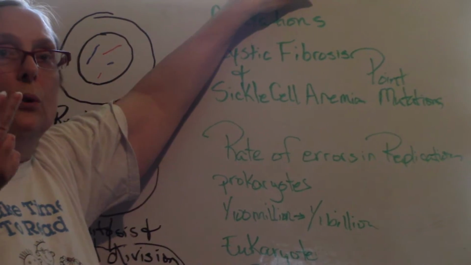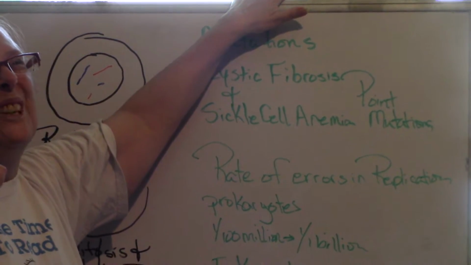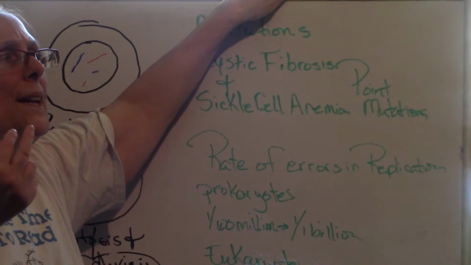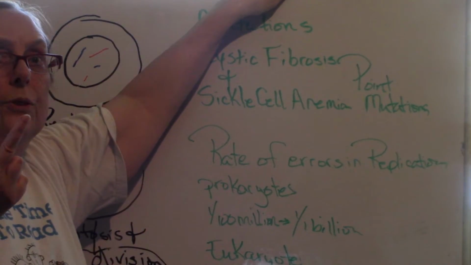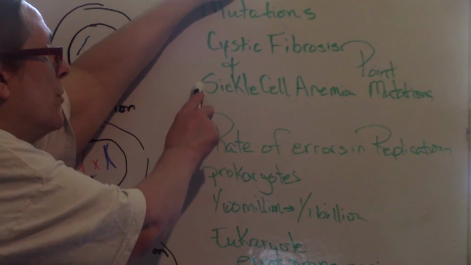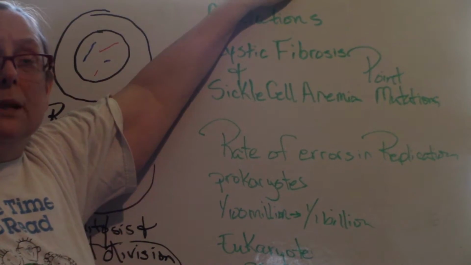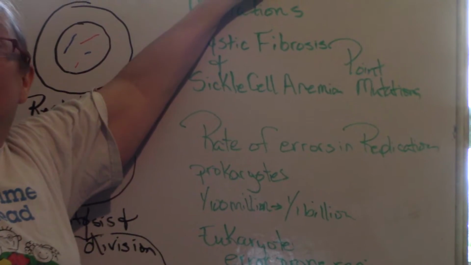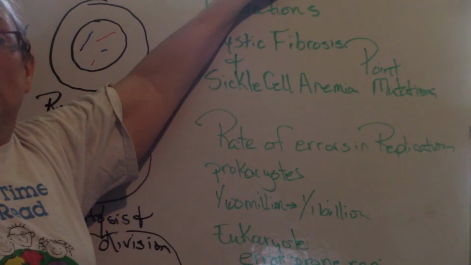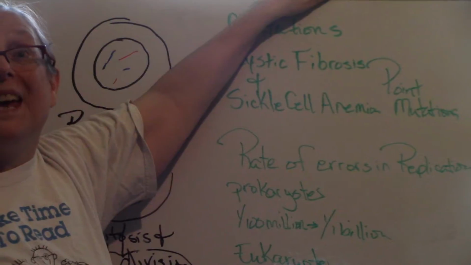So they have two alleles. Well, it's not really recessive. I'll have to explain that later. But they'll have two alleles. What they get from their parents both make the hemoglobin S. All they have is hemoglobin S, and hemoglobin S does not carry oxygen the way that normal or hemoglobin A does.